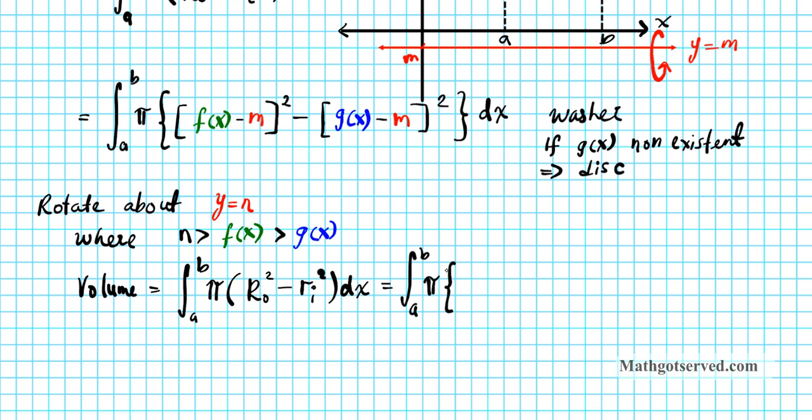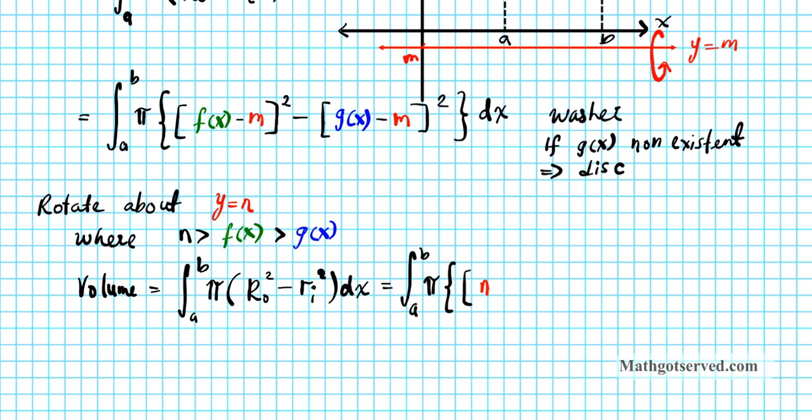Let's go ahead and write down what that looks like. It's going to be n, because n is the bigger one of the two. So n minus g of x, quantity squared. Let me color code it so we can match it.